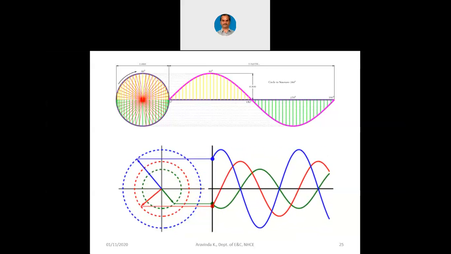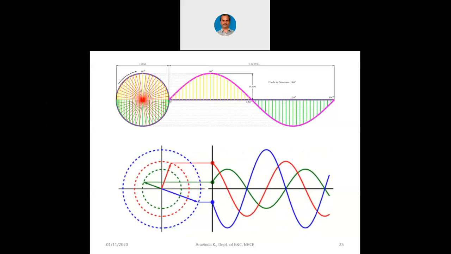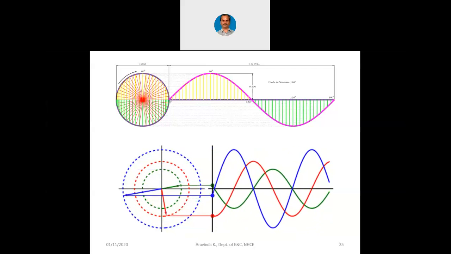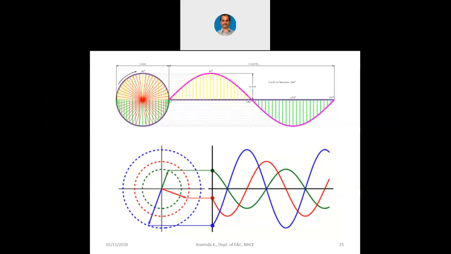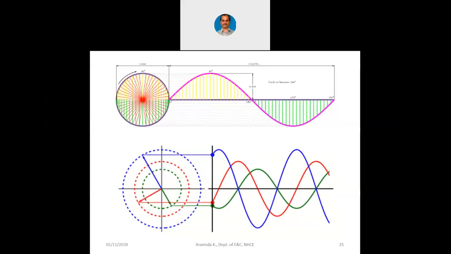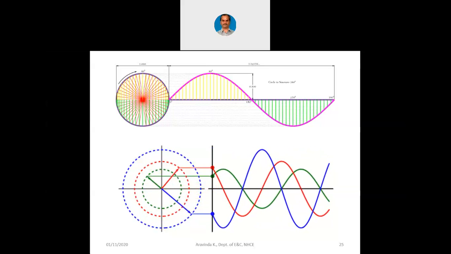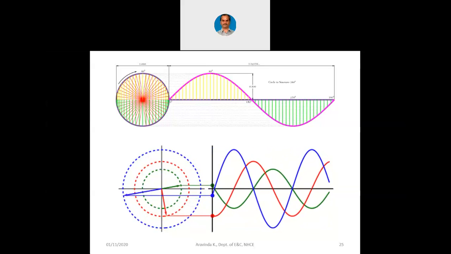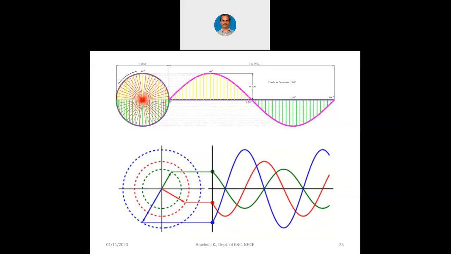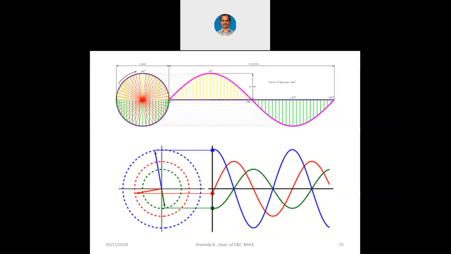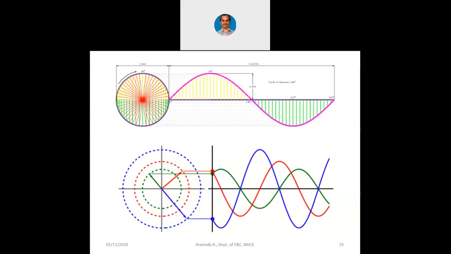You can keep seeing here all these three waveforms, their amplitudes are instantaneously changing. We can define their amplitude only at a particular time instant. We can define their maximum amplitude that way. Otherwise, at all other times the amplitudes are continuously changing.